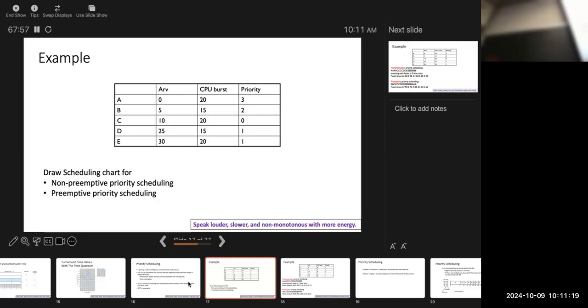B has the highest priority, and it needed 10 more time units, so 75. Then this one is also done. And then A, which needs 15 more time units, so 90. Clear?